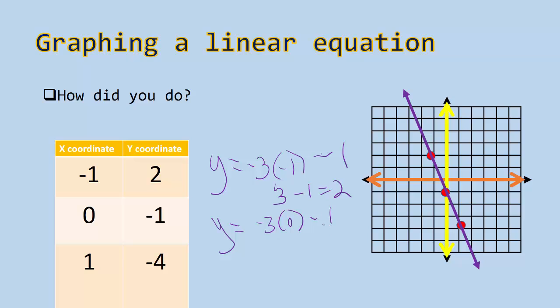Write down the rest of the equation, minus 1. Negative 3 times 0 is 0, and 0 minus 1 is negative 1. And the last one, y is equal to negative 3 times x, which in this case I've chosen to be 1. Negative 3 times 1 is negative 3, and negative 3 minus 1 is negative 4.